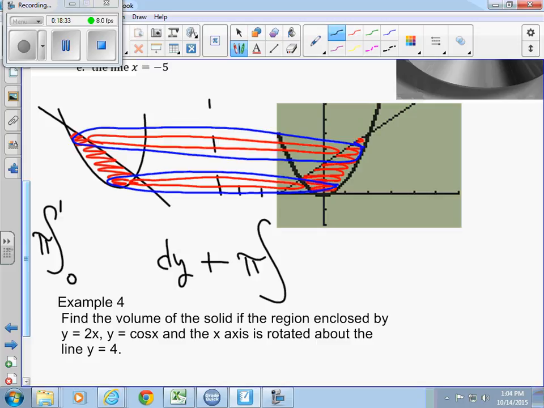We're not going to do some dx and some dy. That would be pretty nasty. Okay. 1 to 4. On the bottom piece from 0 to 1, the outside circle, the blue one, I'll use blue to color code.